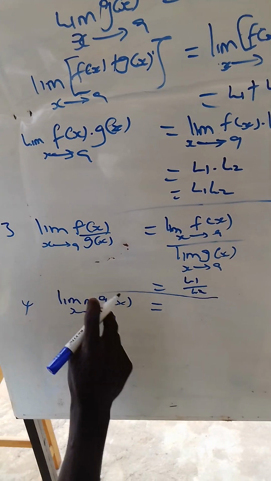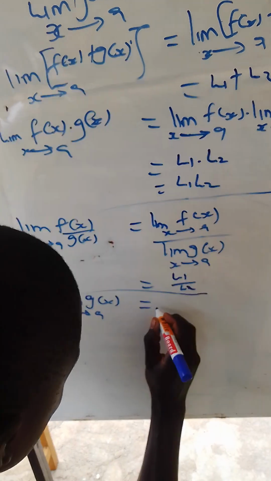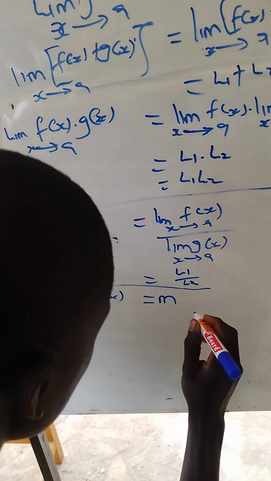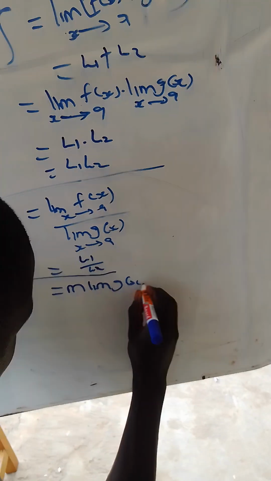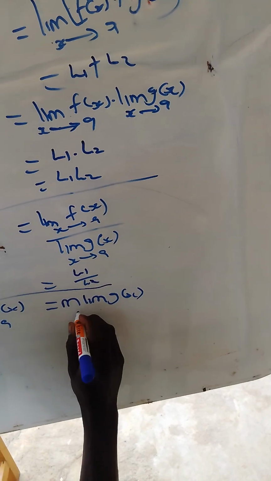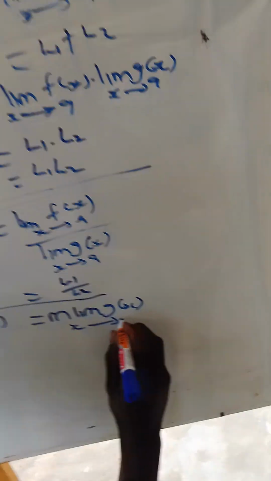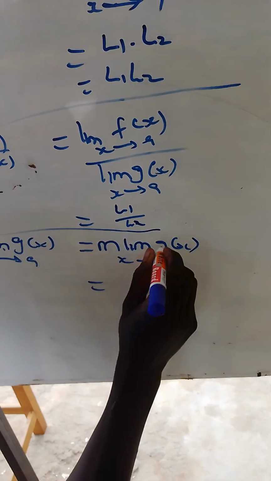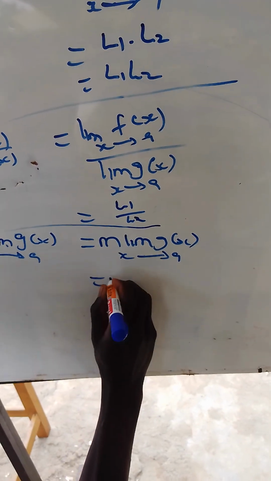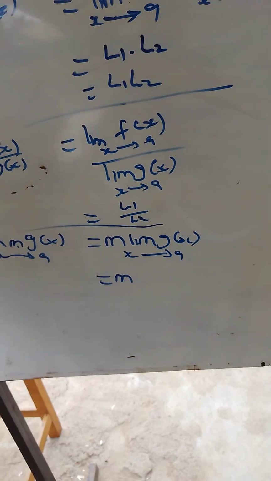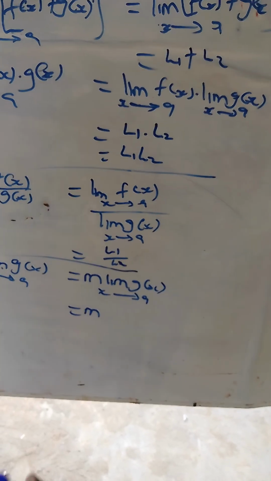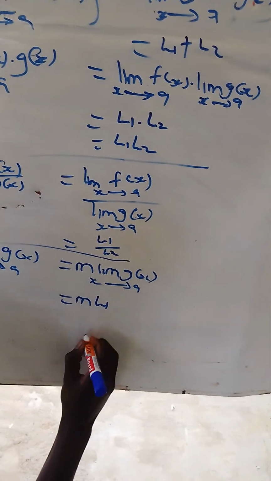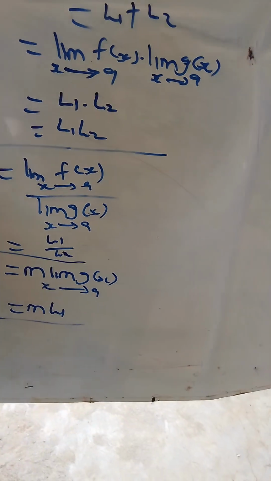Now we are going to pull this m out. This is the same as m times the limit of the function g of x for x tending to a. But we know that this m is our constant, and the limit of the function for x tending to a is the same as L1. So this one is another property.